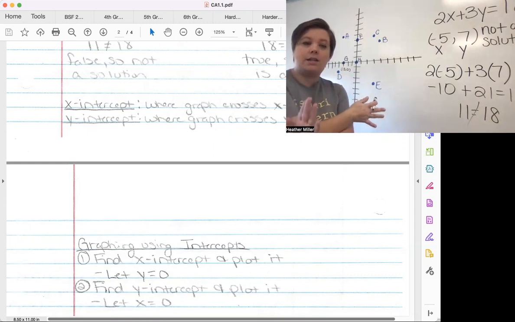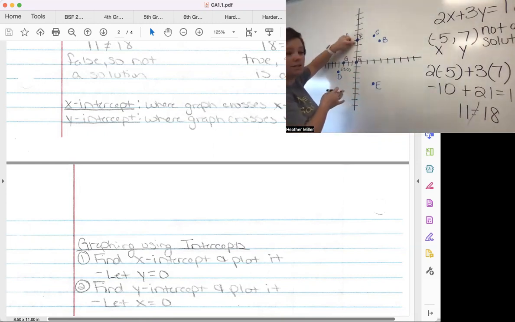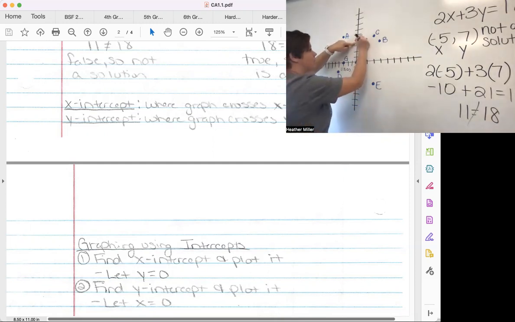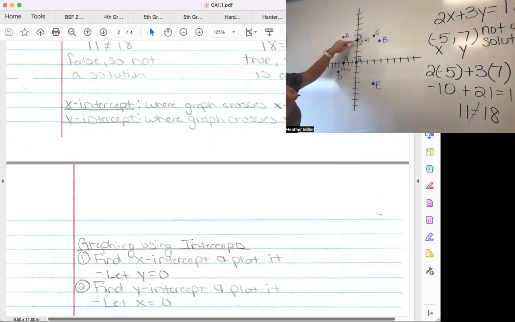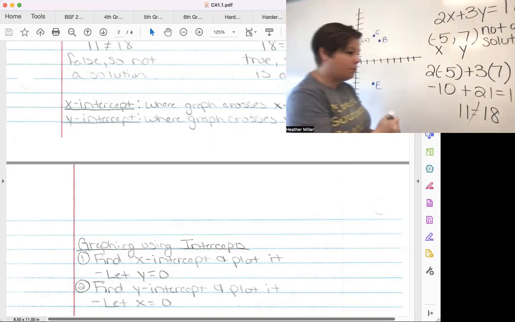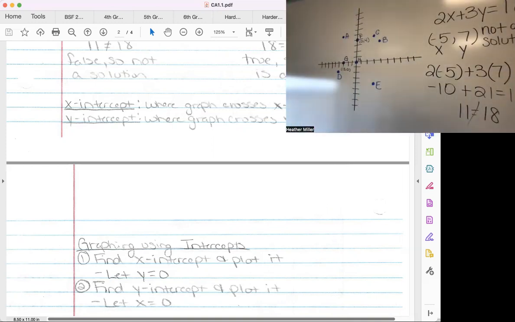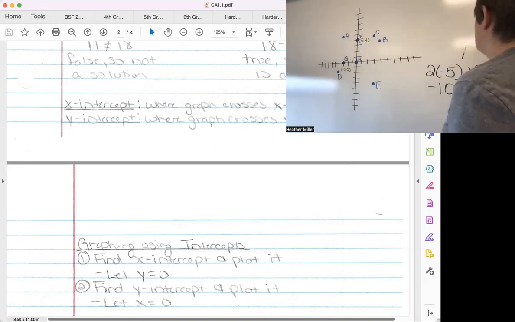The flip of that is your y-intercept, which is this F up here, will always look like 0, comma, y. So this was 0, comma, 4, and that's what F was. F is a y-intercept. These are important to know because as we graph our lines, sometimes we're going to need to graph using those x and y intercepts. And so it's good to know what those look like as ordered pairs.